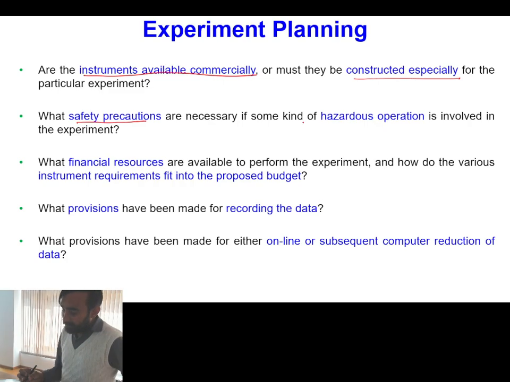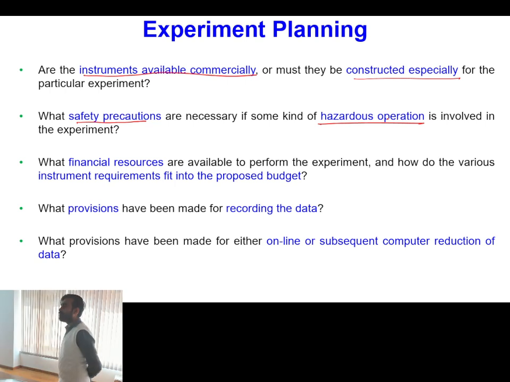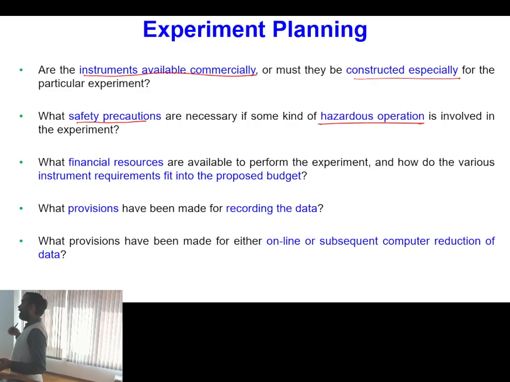What are the safety precautions? This is a very important thing. While we are deciding the experiment, we also have to keep safety in mind. Say you have taken certain pressure conditions which are excessively high, and there are chances that the pipe can burst, so it can be harmful to the user who is performing the experiment.